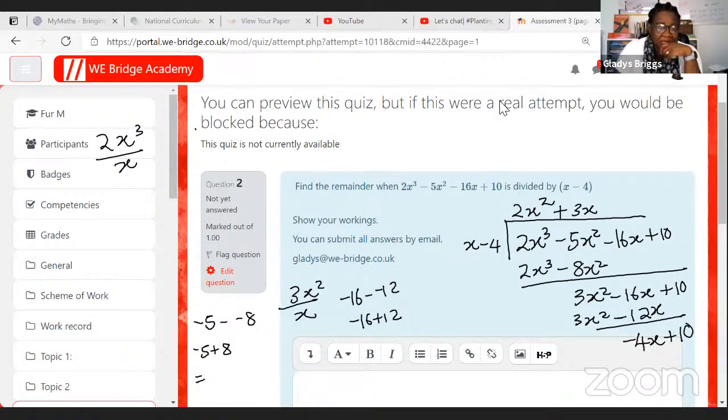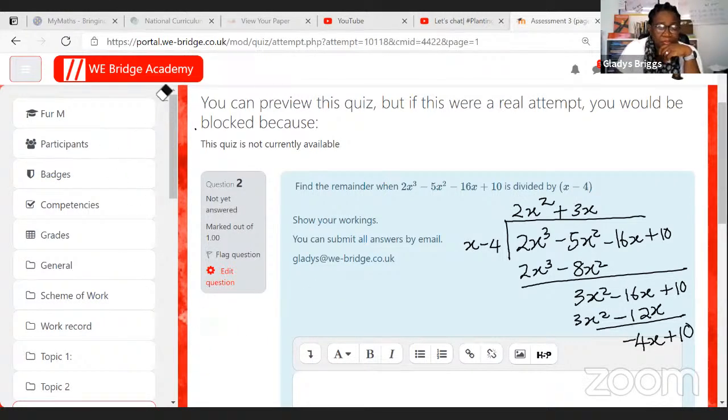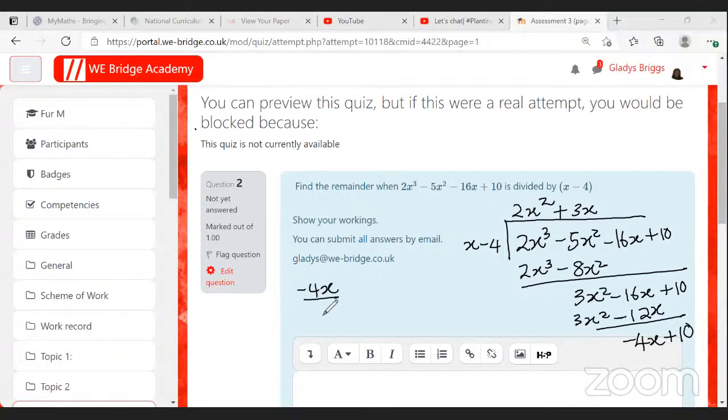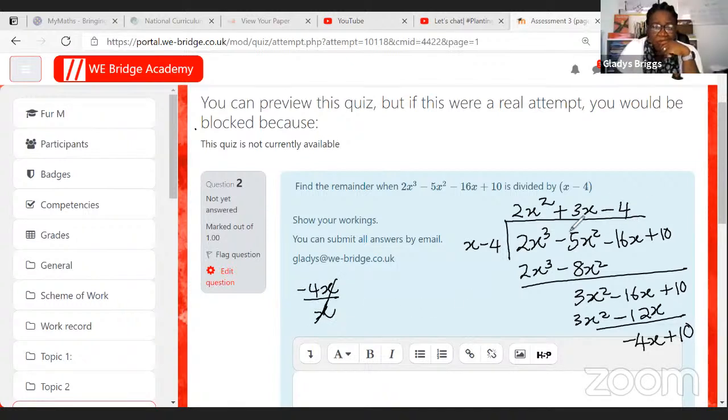Start the algorithm again. Minus 4x divided by x is equal to minus 4. Minus 4 times x is minus 4x. Minus 4 times minus 4 is 16.